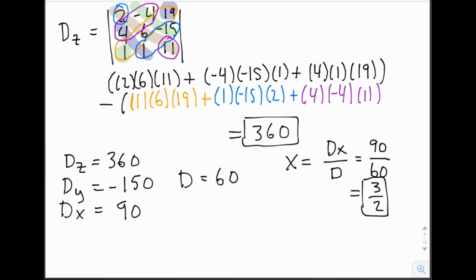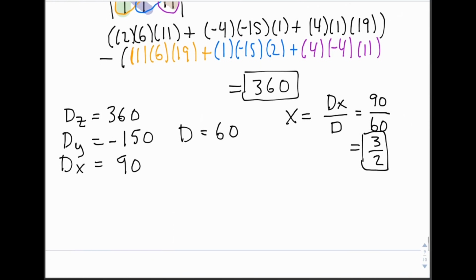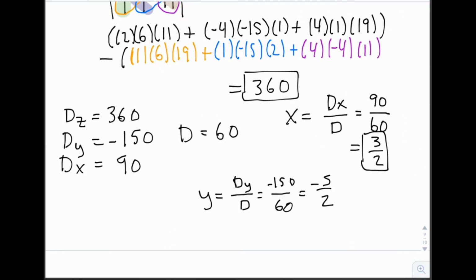So 3 divided by 2, we can box that, and we can figure out what our y value is going to be, and then finally our z value. So our y value is going to be equal to our determinant of y divided by the determinant. So that is going to be equal to -150 divided by 60, and that will actually reduce to -5 divided by 2.